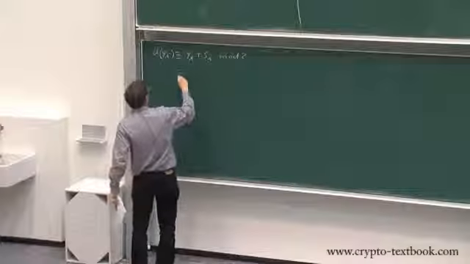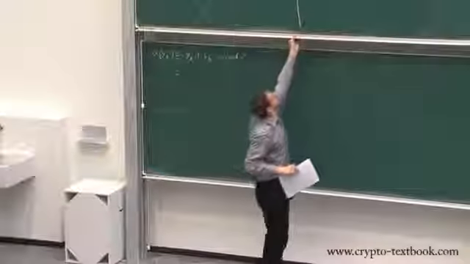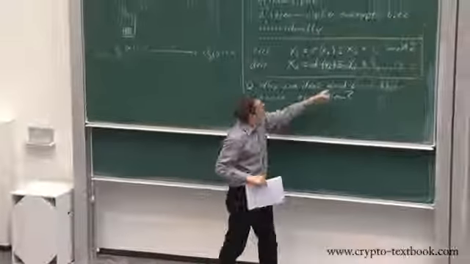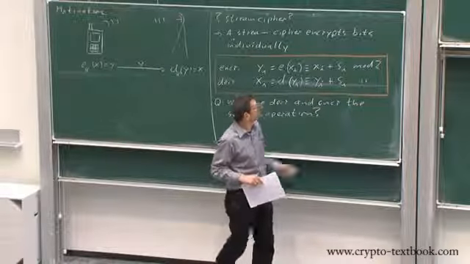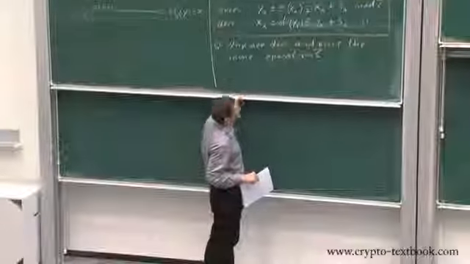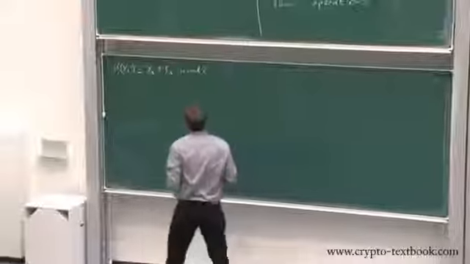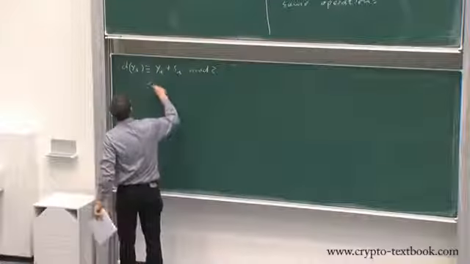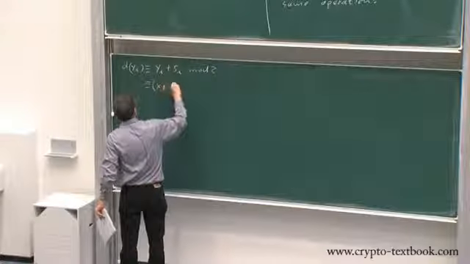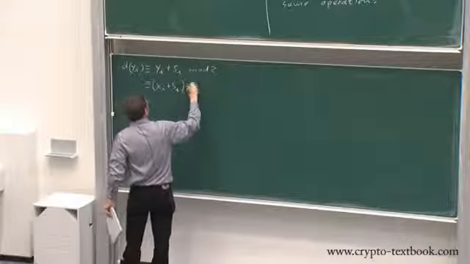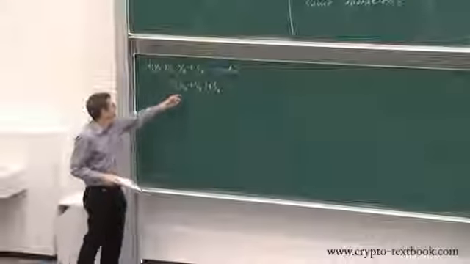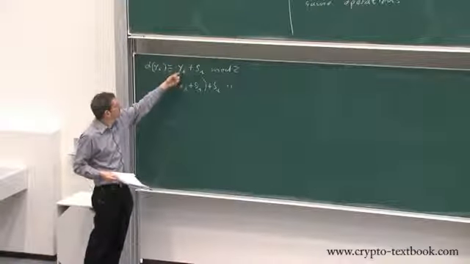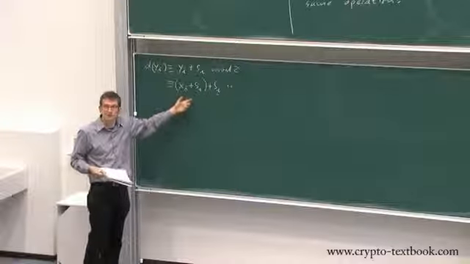Now we go one equation up. We have a look at here. How is this yi computed? Well, the yi is computed as xi plus si. You just substitute for yi the encryption equation.